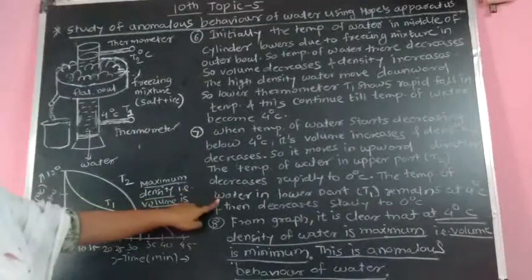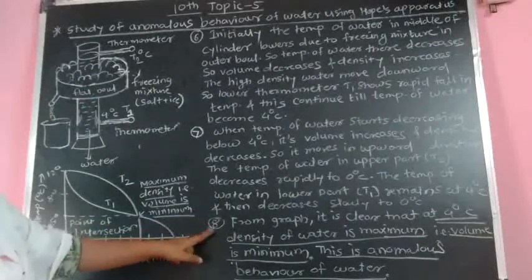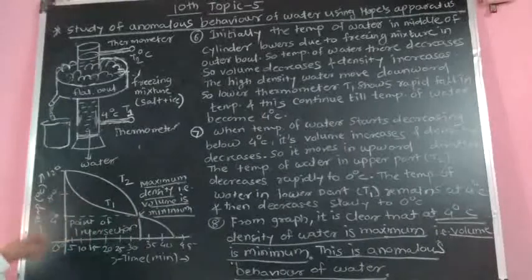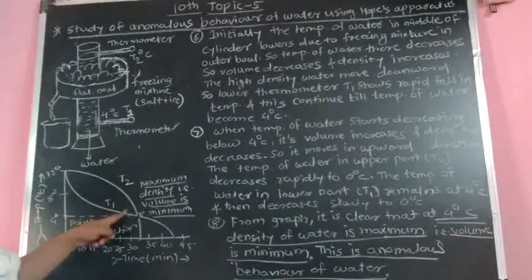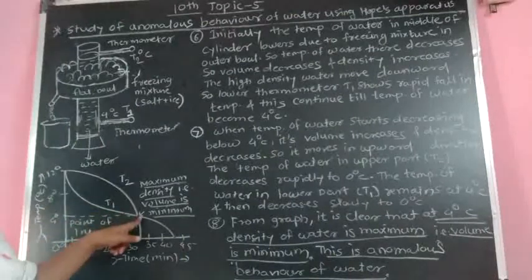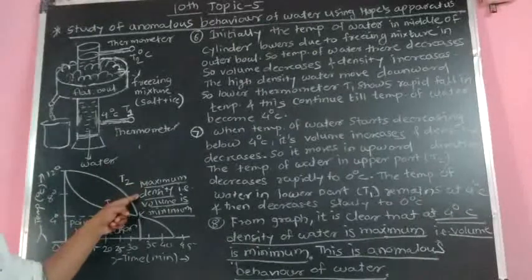The temperature of water in the lower part T1 remains at 4 degrees Celsius for some time, and then decreases slowly to 0 degrees Celsius. From the graph, you can see that when we plot the graph of temperature versus time, we get this type of graph. The point of intersection of both the graphs indicates the point of maximum density.